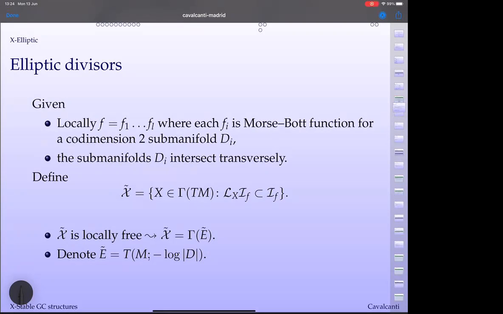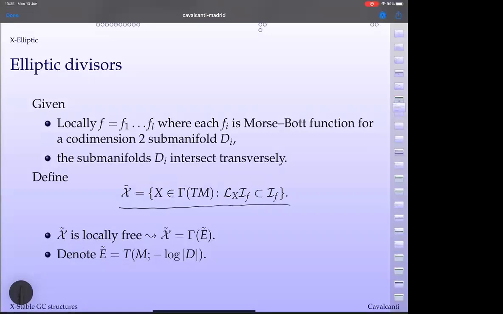Before I had the functions Z1 up to ZL, and now F1 up to FL should look like norm of Z squared instead of Z. So they are a real thing that somehow contains some of the information of the complex divisor. And then you can play the same game again. Once you have these functions defining the submanifolds, you can look at the vector fields which preserve the ideal generated by this F. And again, it's going to be locally free.